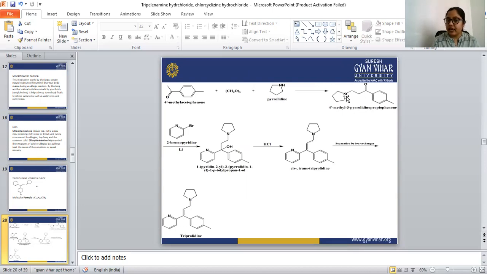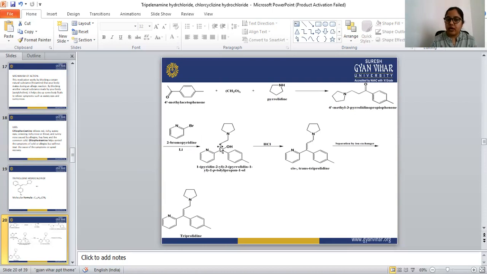So 4-methyl acetophenone reacted with formaldehyde and pyrrolidine gives 4-methyl-3-pyrrolidinopropiophenone. When this is reacted with lithium and 2-bromopyridine, we get 1-pyridin-2-yl-3-pyrrolidin-1-yl-1-p-tolylpropan-1-ol.